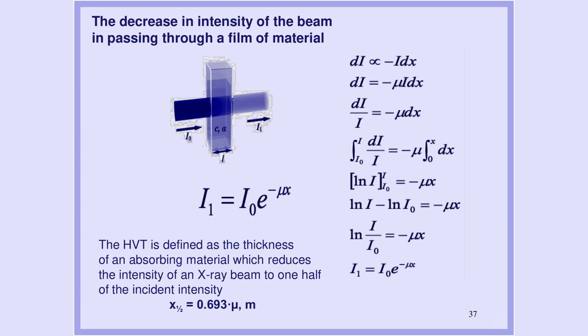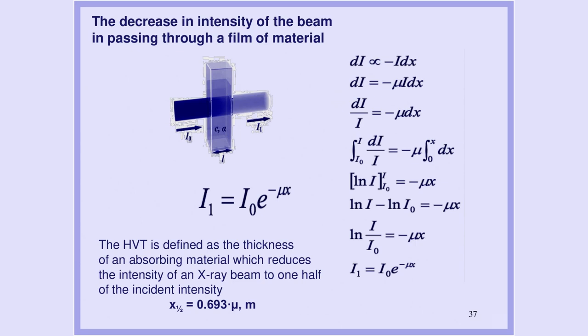This is constant for a particular wavelength passing through a particular material. It is large if Z is high.